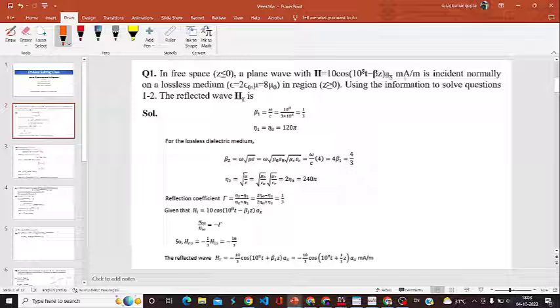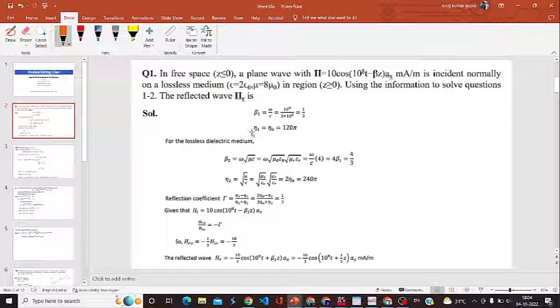In free space, the phase constant is defined as beta equals omega by c. The value of omega is 10 raised to the power 8, and c, the velocity in air, is 3 into 10 raised to the power 8. So we can calculate beta 1, which equals 1 by 3.